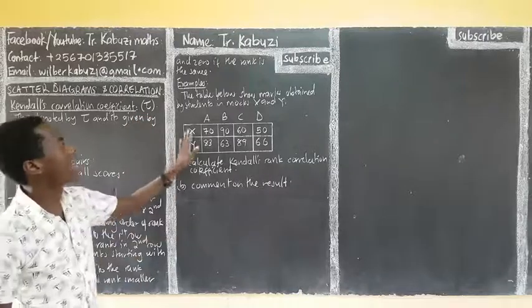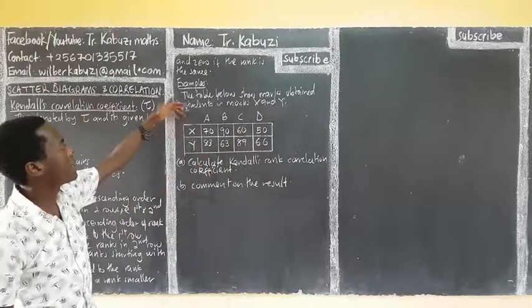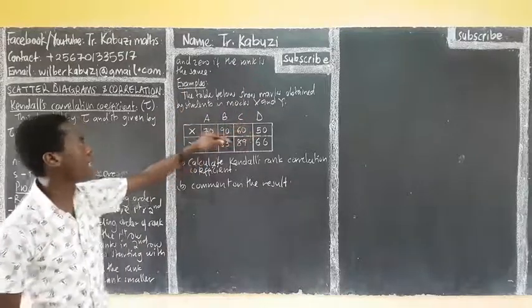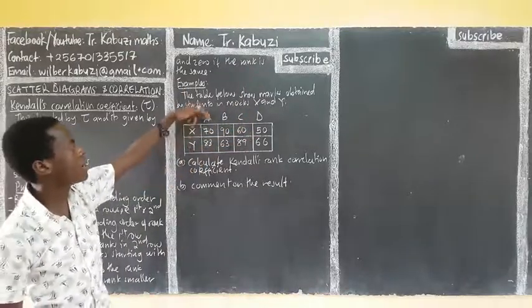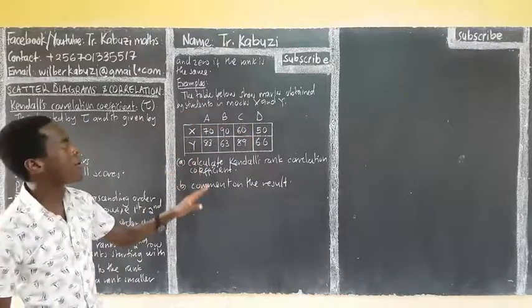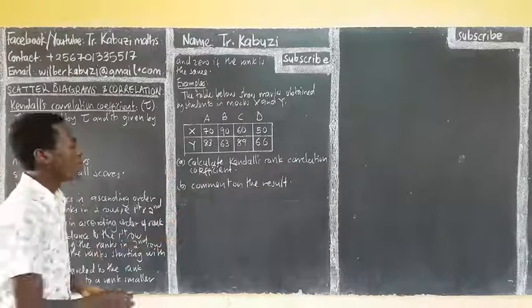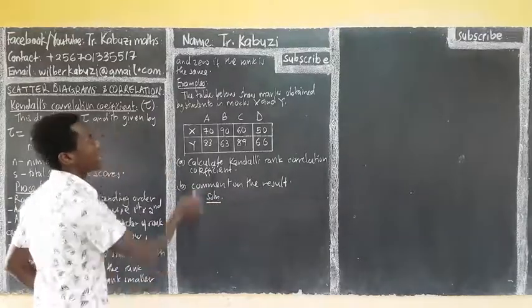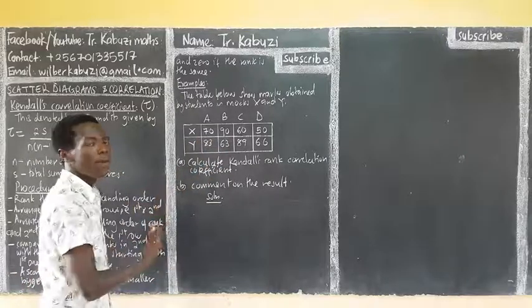The table below shows marks obtained by students in mock X and Y. These are the students A, B, C and D. First, we arrange them in ascending order, from small to big.